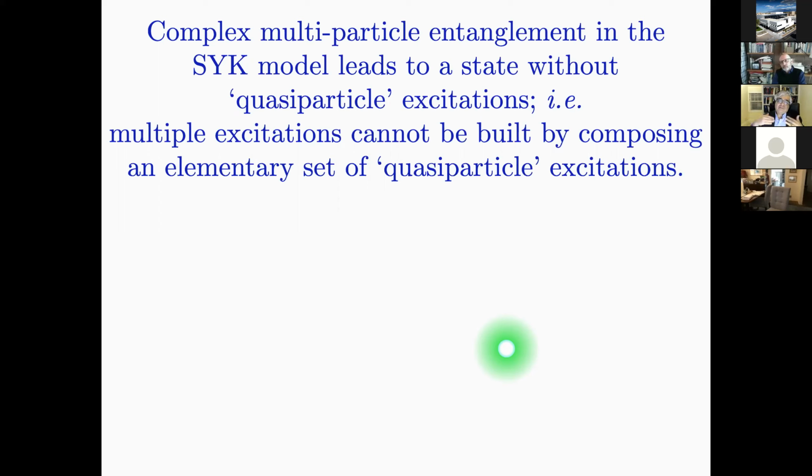And this idea of composing quasi-particles is really the very foundation of everything in the textbooks of condensed matter physics. It's really the foundation on which the entire theory of metals, insulators, superconductors, semiconductors is built: the idea that excitations are quasi-particle-like and can be composed to create many-body excitations.